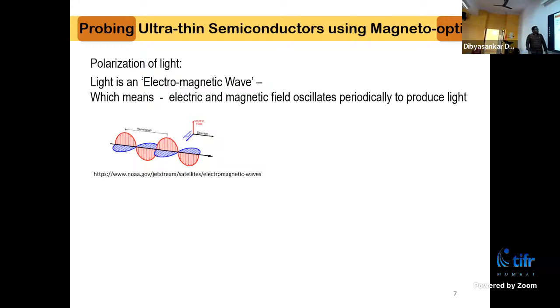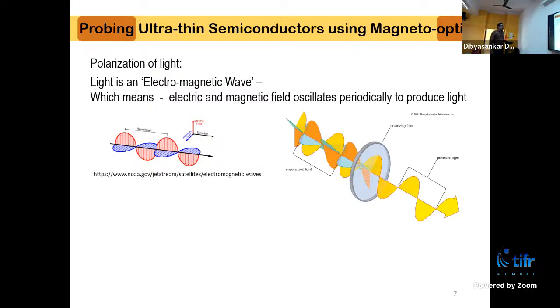It's as simple as that. But because of this thing being an electromagnetic wave, it has a few peculiar properties. One of them is polarization, which will be very important in my talk. So that's why I want to explain this.